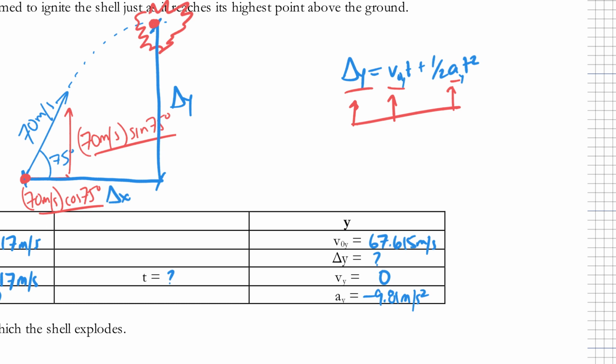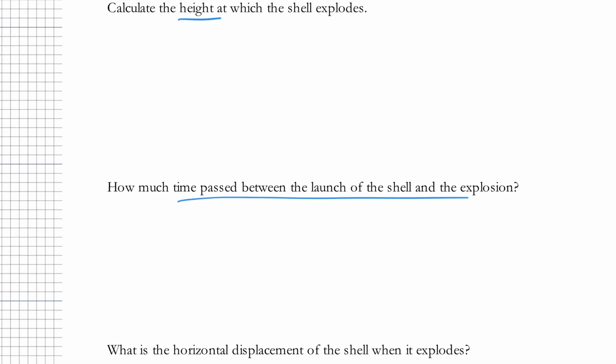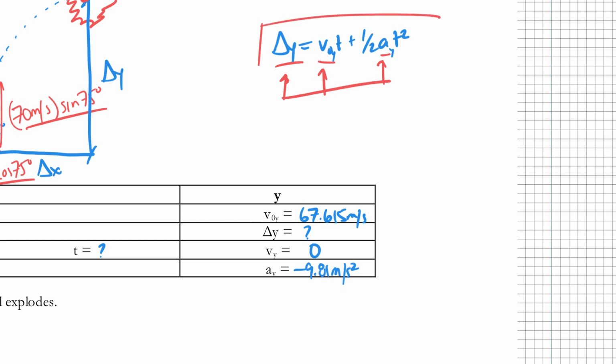So that is something to be concerned about. When you see time here, we want to try to avoid using the displacement equation if we can, because that displacement equation is going to give us a quadratic.